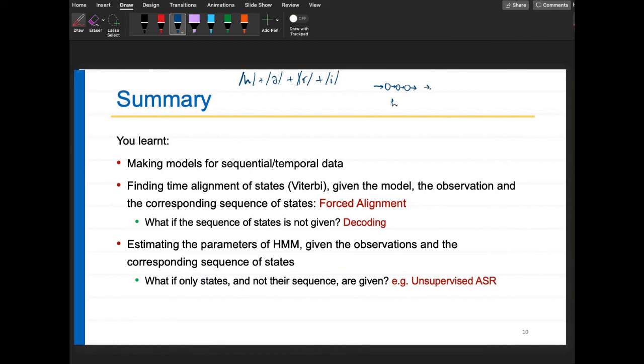Then you take another model of Schwa. Then similarly, a model of R. Then similarly, the model for E. And concatenate them all. Right?